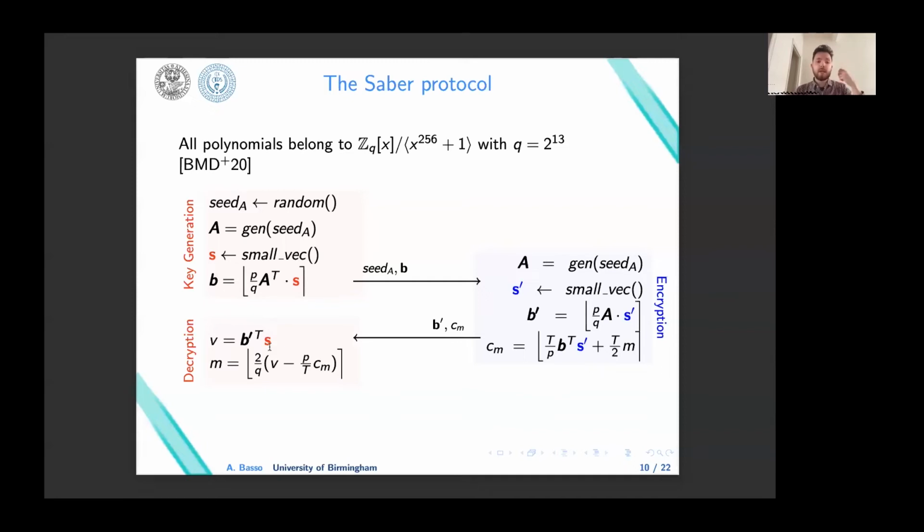And once again, during decryption, the decryptor can compute the value V by multiplying this vector B prime times its own secret. Then the message M can again be recovered with some subtraction and scaling, because this V value will be very close to this value here.